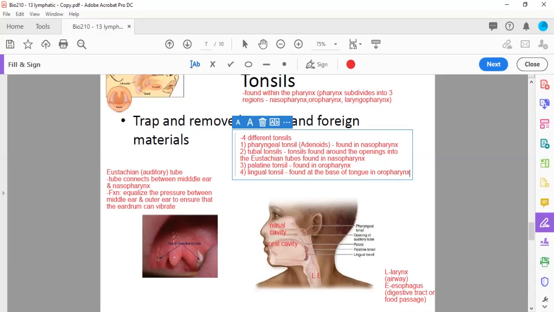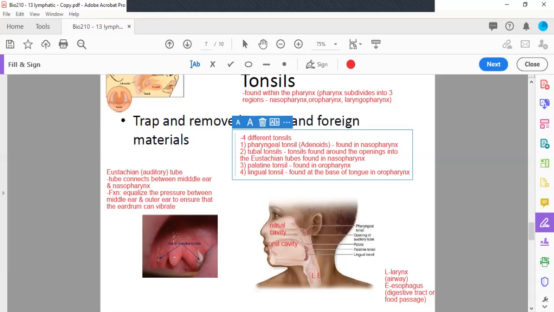The location of these tonsils is very strategic, which is amazing in my opinion. All the organs in the body are found in their respective locations, and it's very strategic. It has a function, so it's very efficient in terms of performance.